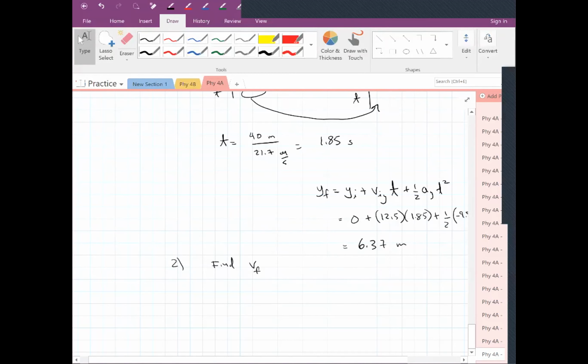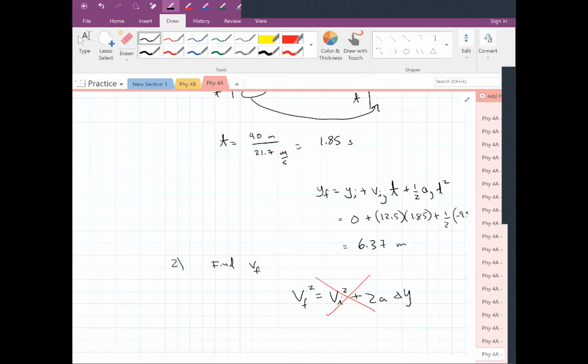I say let's just find V final. But if we find V final, you have to be careful. Can we use this equation? No, because it doesn't tell us the sign of V final.